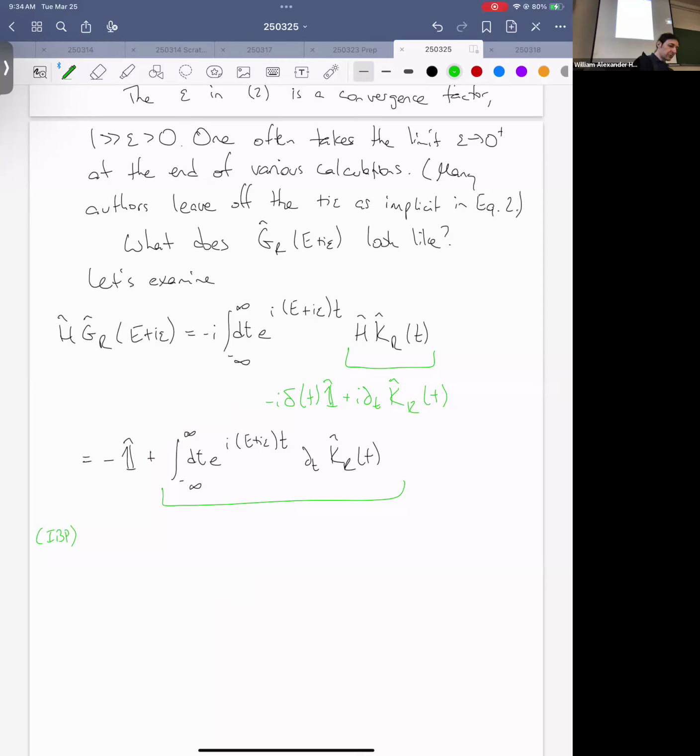So we'll get a total derivative of the two terms, which will spit back out an e to the i (E plus i epsilon) t retarded propagator operator at time t, evaluated from minus infinity to infinity, minus the integral from minus infinity to infinity dt partial t of e to the i (E plus i epsilon) t times the retarded propagator operator, like so.